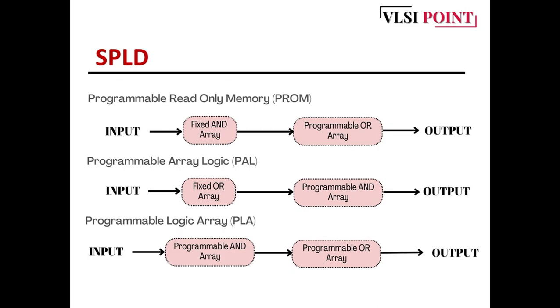However, in case of programmable, once the programming current has passed, the unwanted connections will be off. So in programmable, all the connections are not available. However, in case of fixed, all the connections are available before and after the programming. So this is the difference between fixed array and programmable array. It will be more clear to you when you see the circuit implementation.